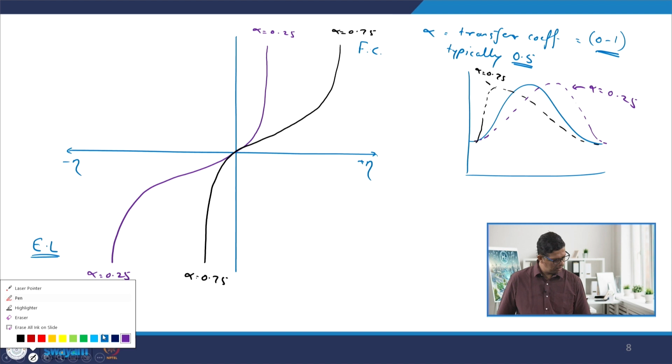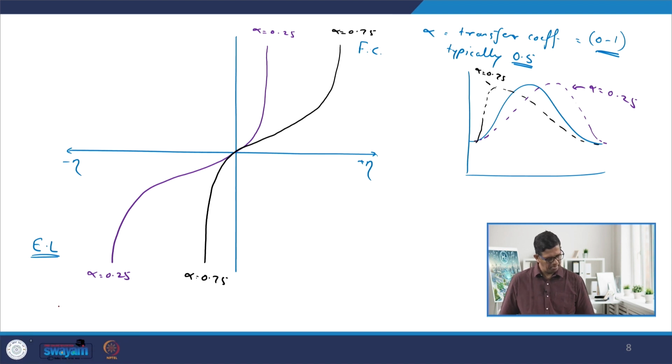And of course, when alpha is 0.5, it will be at the center. So, this is alpha equals 0.5.